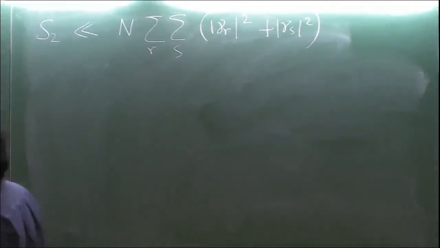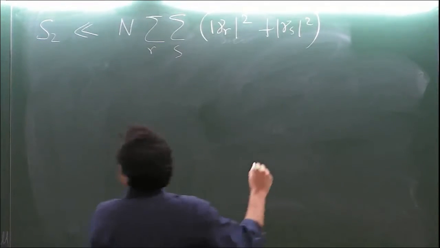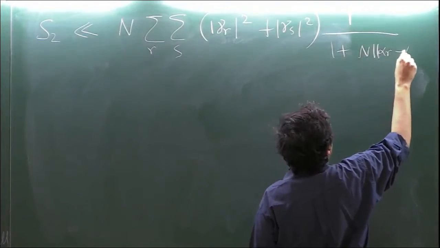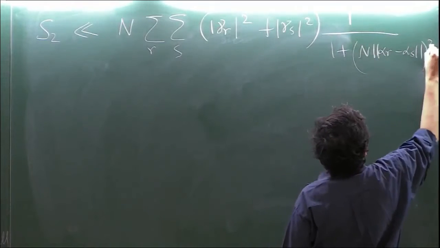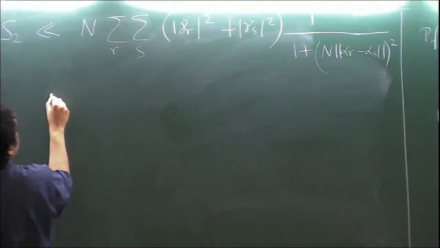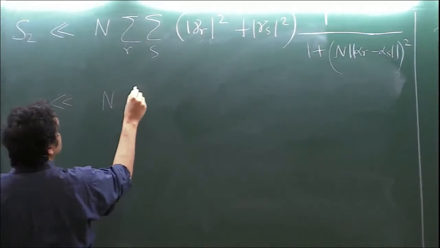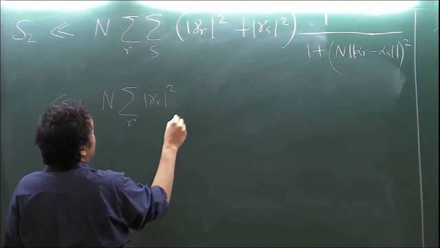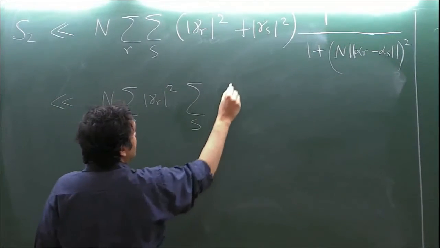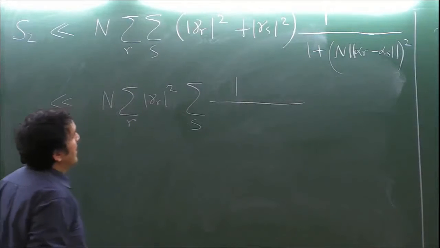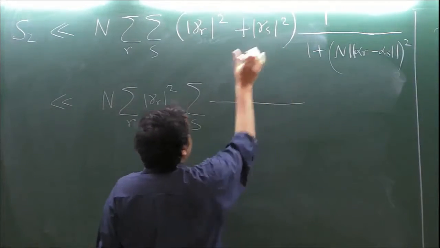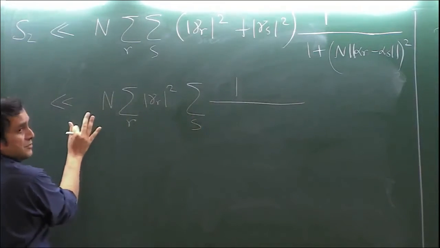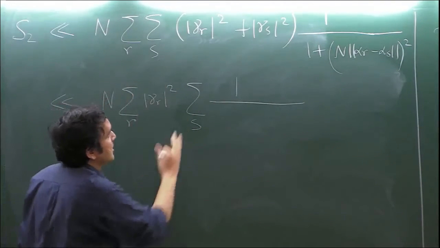And for this part, let's first write whatever is written. Okay. And then let's look at the first thing. So sum over R, gamma R square, and then sum over S, 1 upon this thing, plus a similar sum with the R replaced by S, but it will be exactly the same thing, so it's enough to consider only one of them.